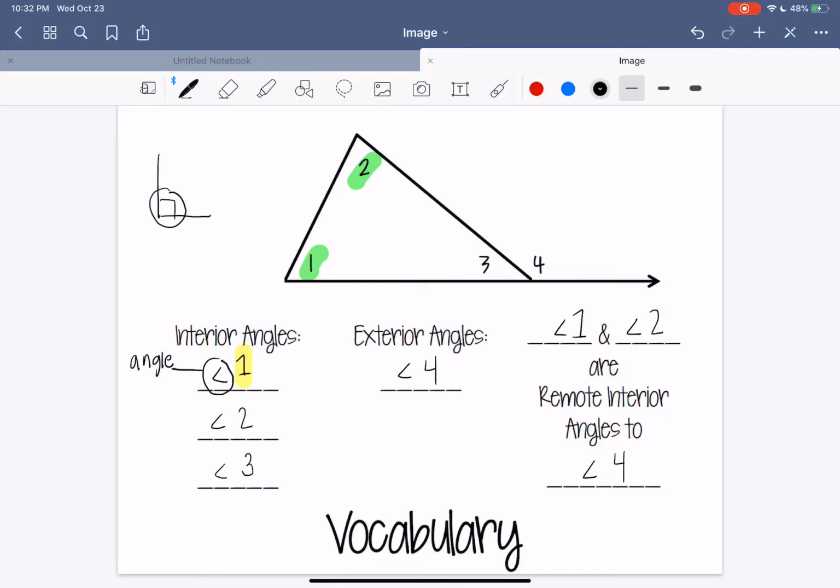So just remember, these are the ones that are being accessed for different purposes. And that will take care of our vocabulary. Give you a second to write this.